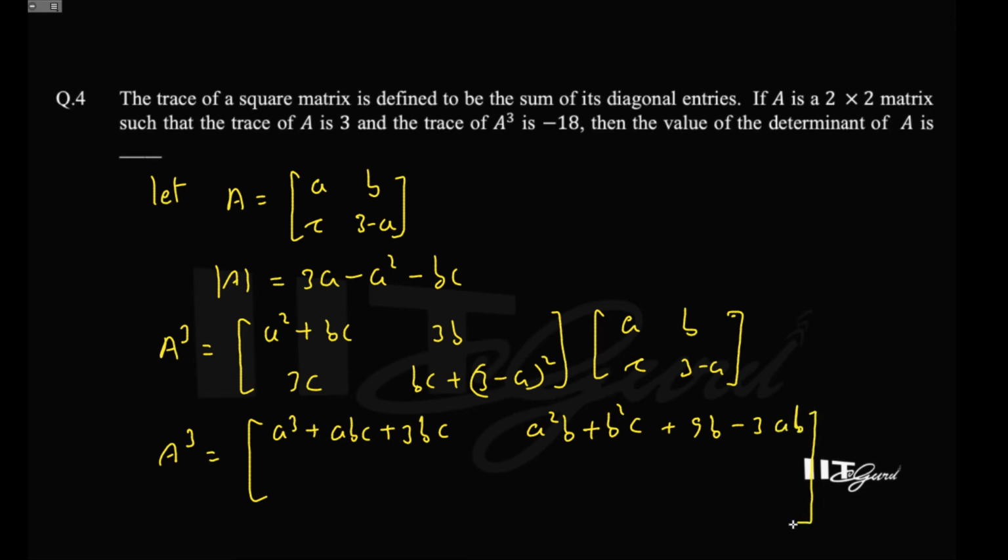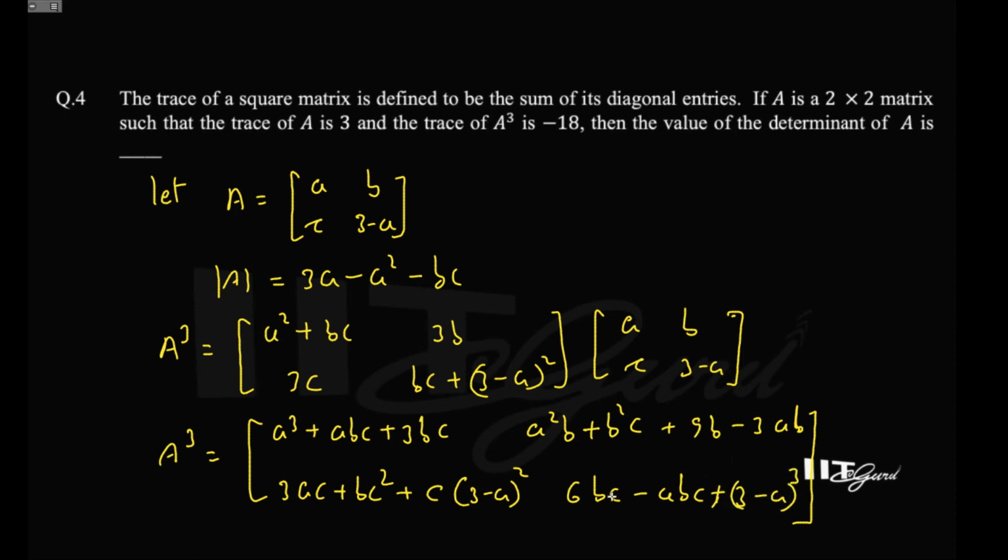Okay, so go ahead like this. And another element, 3ac plus bc square, and then plus c times (3 minus a) whole square. Although it's a very tedious task of calculating all this, you can go ahead with more patience. abc plus (3 minus a) whole cube.